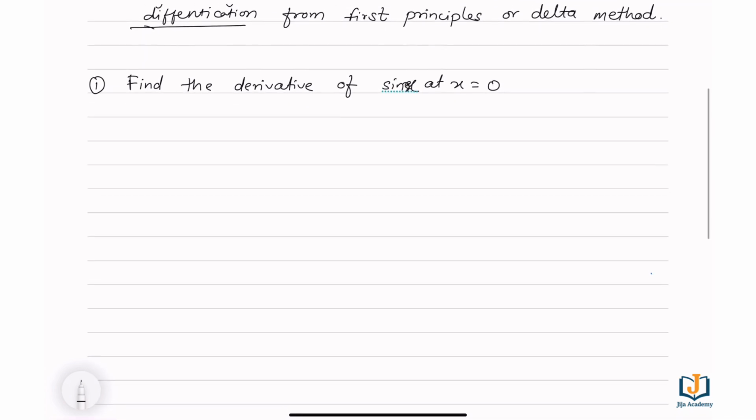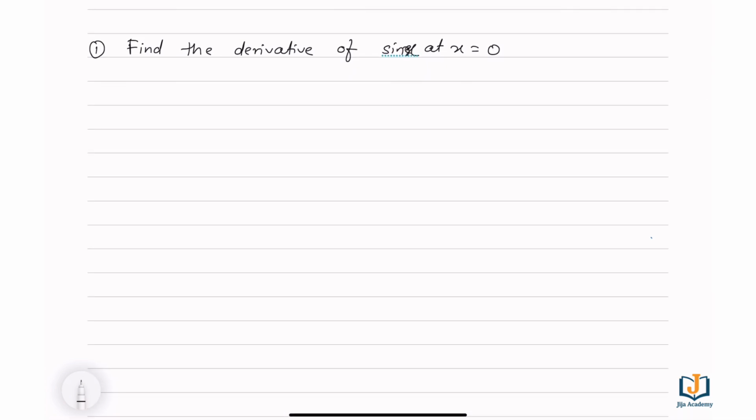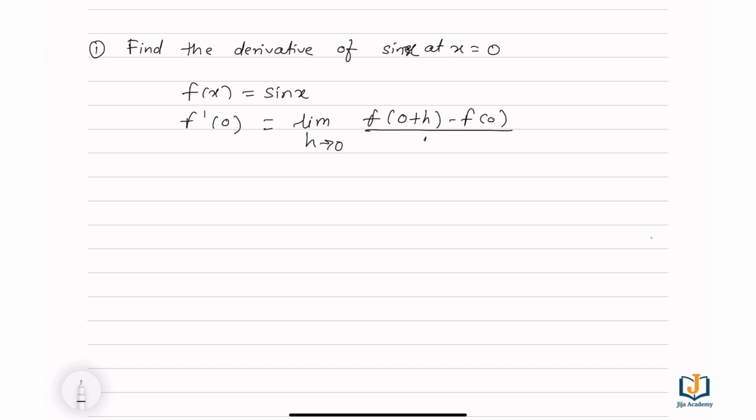Now using this principle we are solving some problems. The first problem is to find the derivative of sin x at x is equal to 0. So here f of x is equal to sin x. We know that f dash of 0 is equal to limit h tends to 0 of f of 0 plus h minus f of 0 divided by h, which is equal to limit h tends to 0 of sin h minus sin 0.